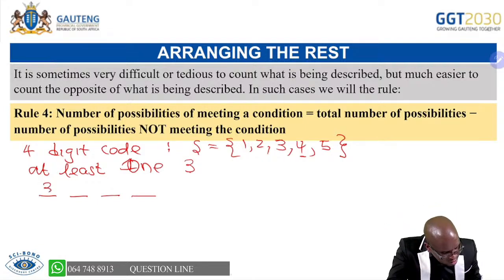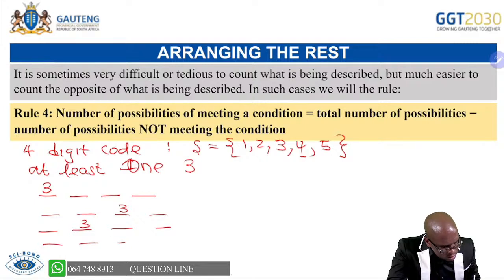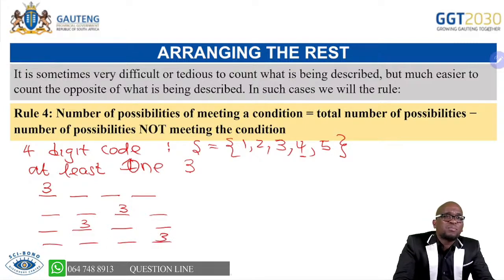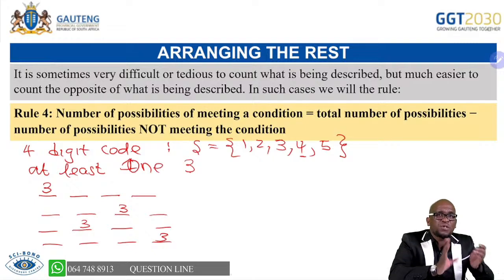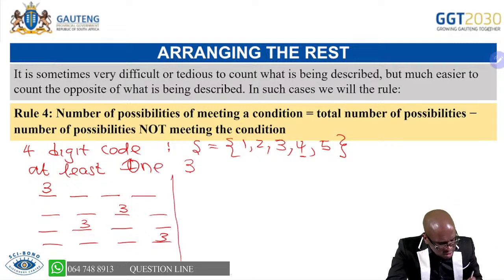So you can use 3 in this position. You can use 3 in this position. You can use 3 in this position. You can use 3 in that position. That is if you used one 3. There are 4 different options that I can start calculating with.